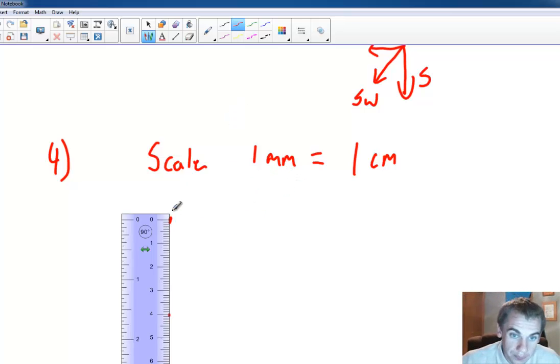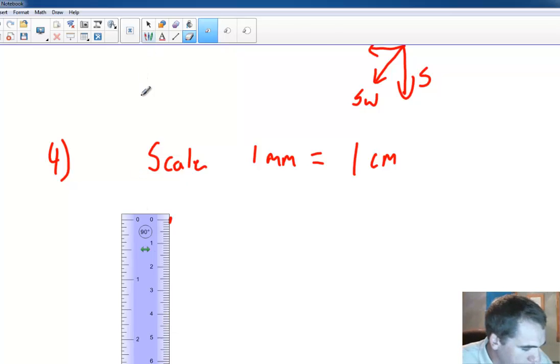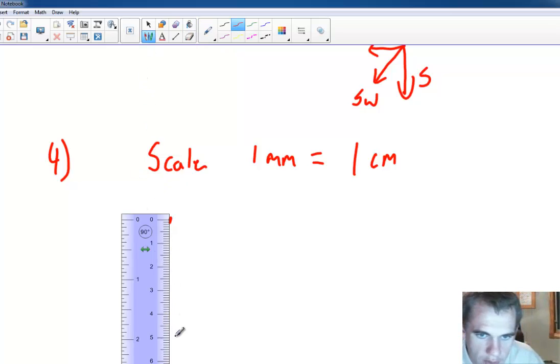I need my starting point, which is right here, and I need my ending point, which it says is 5 millimeters south. So 1, 2, 3, 4, 5. There's my 2 spots, start and end for the first vector. Then it says after that it turns and crawls southwest 4 millimeters.